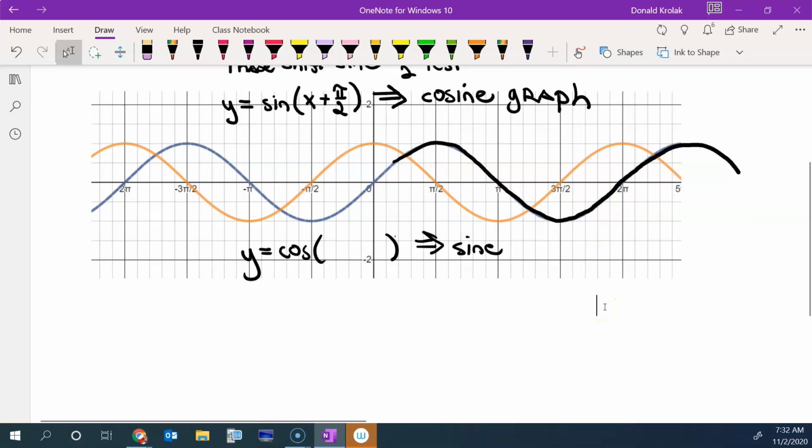How far did I move it? Yeah. So this point right here, move to that point, which is how far? Yeah. But to the right. So if I did this to a cosine graph, it turns it into a sine.